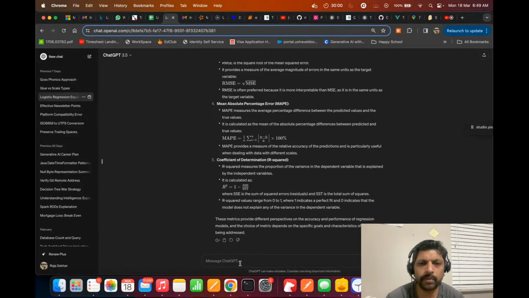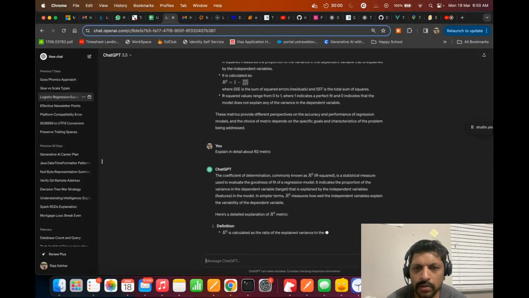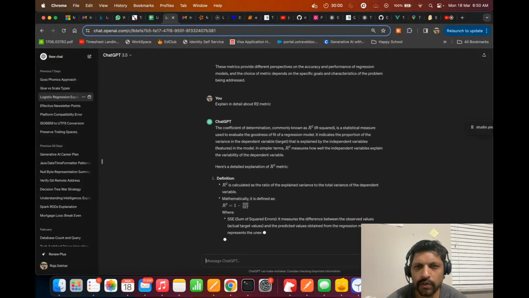These metrics give different perspectives on accuracy. R squared is the coefficient of determination.